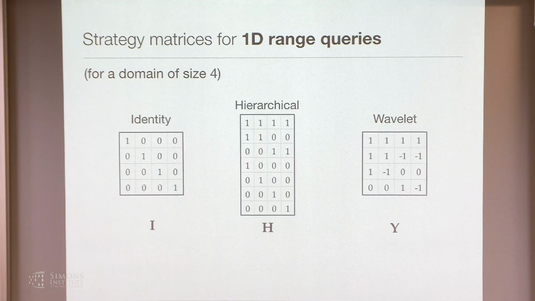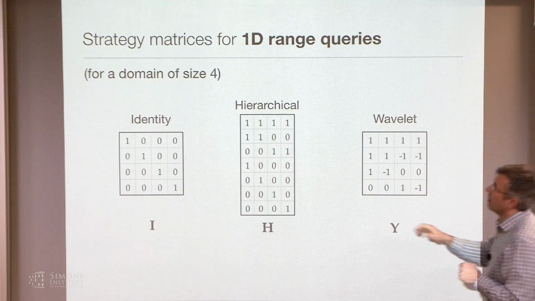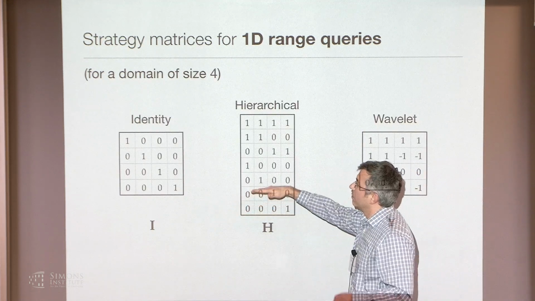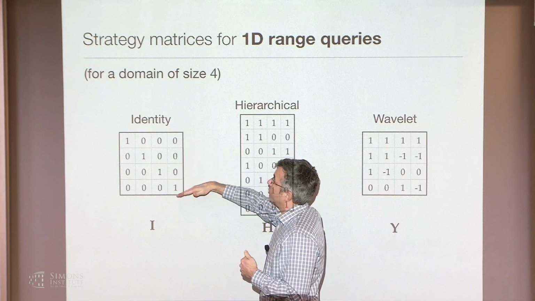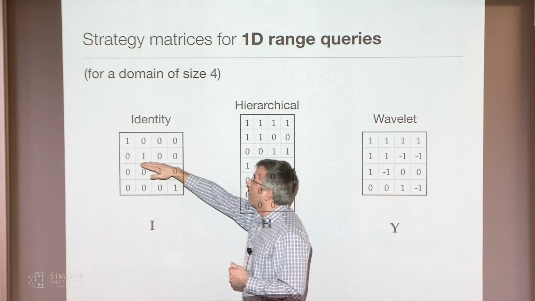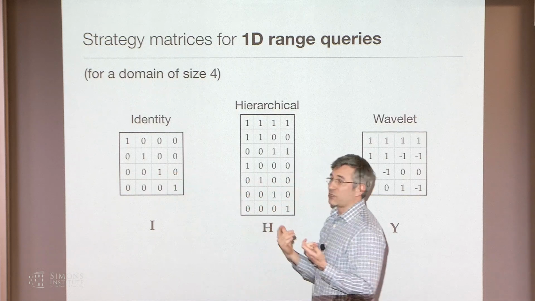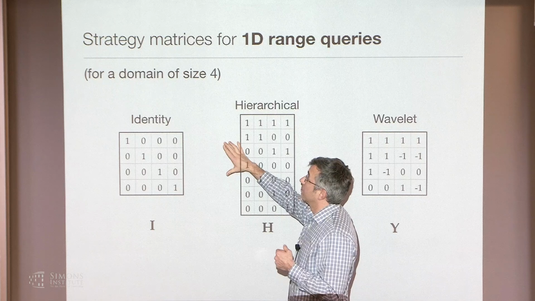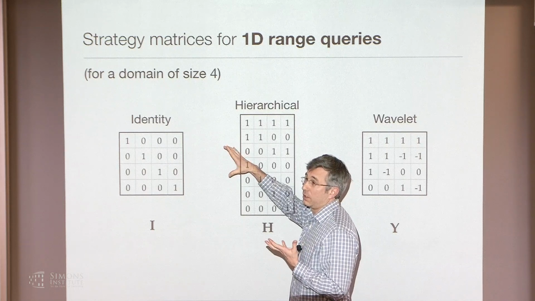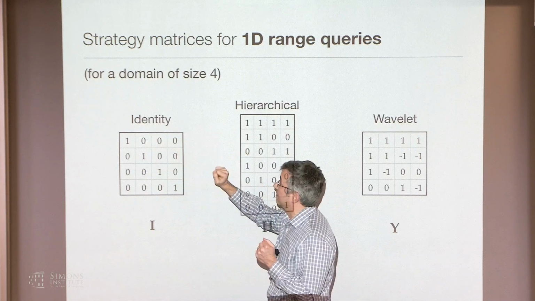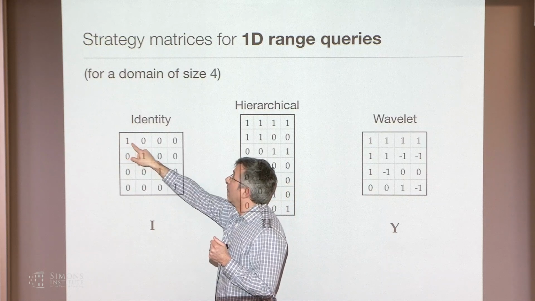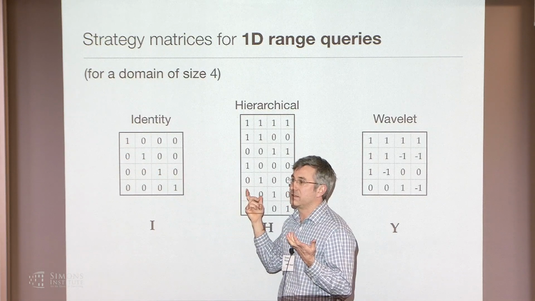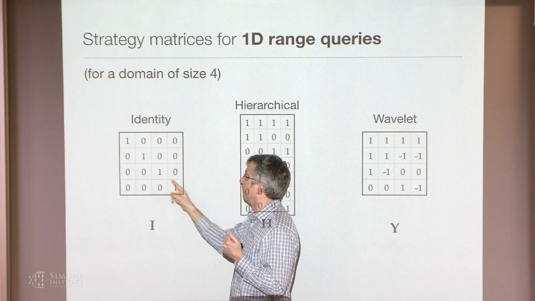So let me show you what these things look like. Now, this is a strategy matrix, and remember that the rows are each going to be measurements. So I'm going to multiply each row against my data vector, which is size 4. And so the identity matrix is saying, estimate the first component of the unseen data vector, then estimate the second one, and the third and the fourth.